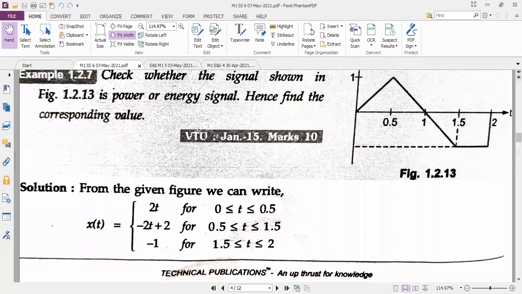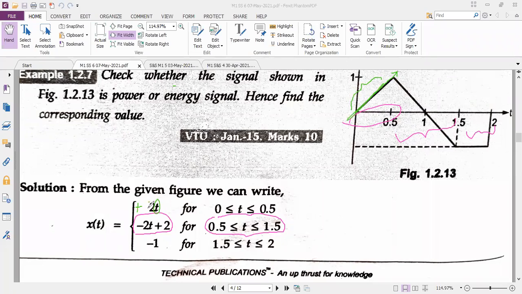I told you I'm splitting the time into 0 to 0.5, then 0.5 to 1.5, then 1.5 to 2. Similarly, by the trial and error method, I should know what expression I can write between 0.5 and 1.5. I will give you a clue. If the diagram is rising, that is growing, it is plus 2t, plus t.